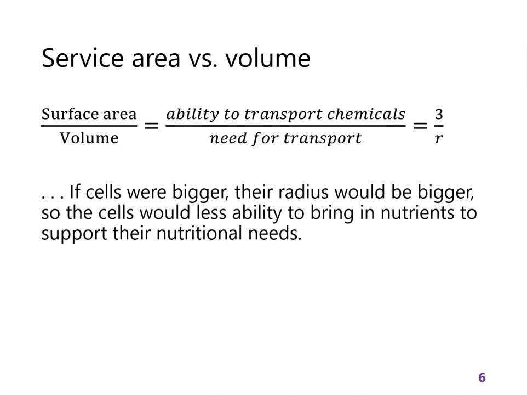And most of our cells don't need to swim around and rapidly divide. Most of our cells are not in the process of doing anything like that. So they can be a little bit bigger. But most of our cells, their radius would be like 10 times, 20 times bigger than a bacterial cell, not like 100 times or 1,000 times bigger.